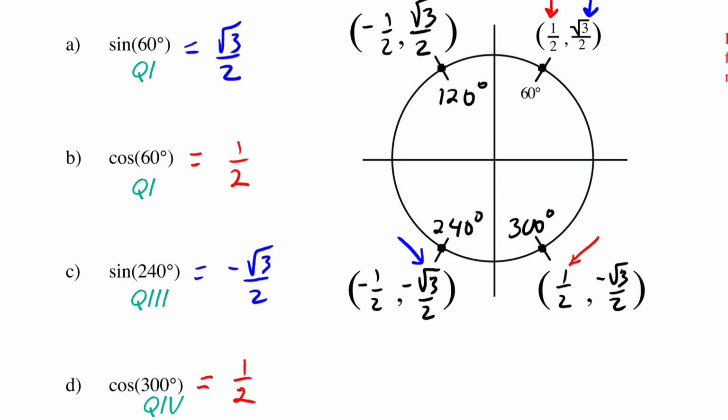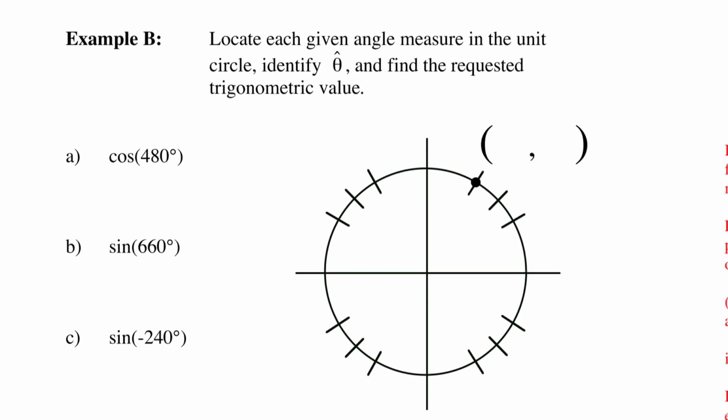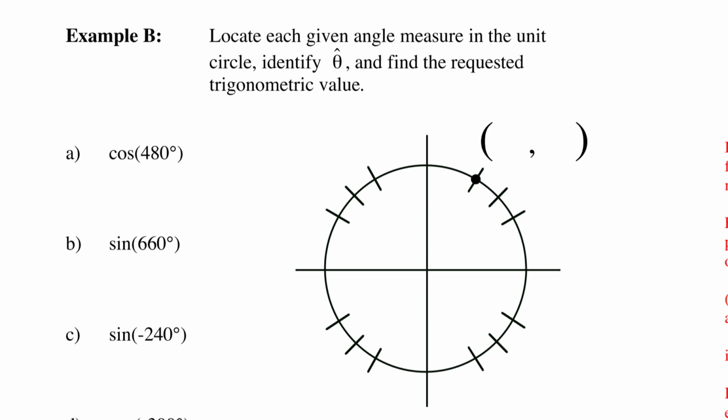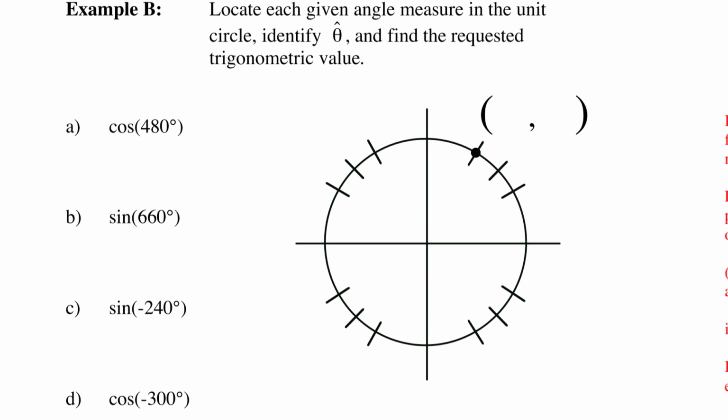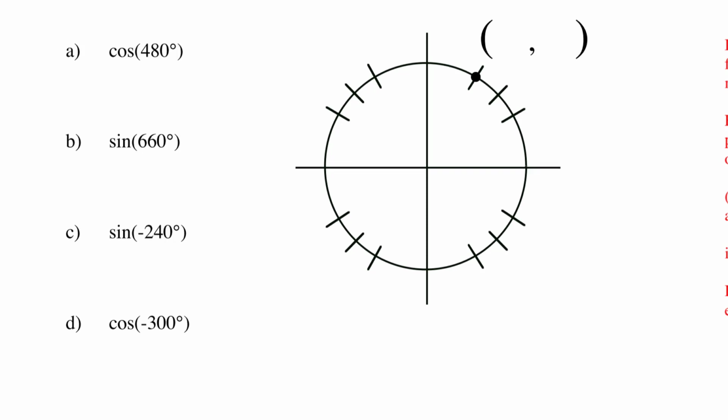Let's do this now for other angle measures that have theta hat equals 60 degrees. Okay, some of these angle measures are more than 360 and some of them are negative. So let's go ahead and find their locations first of all. 480 degrees is more than 360, so we'll go ahead and subtract 360 from that. And that is 120 degrees.